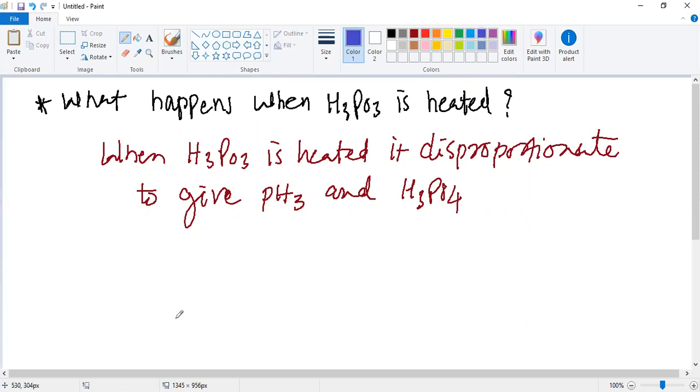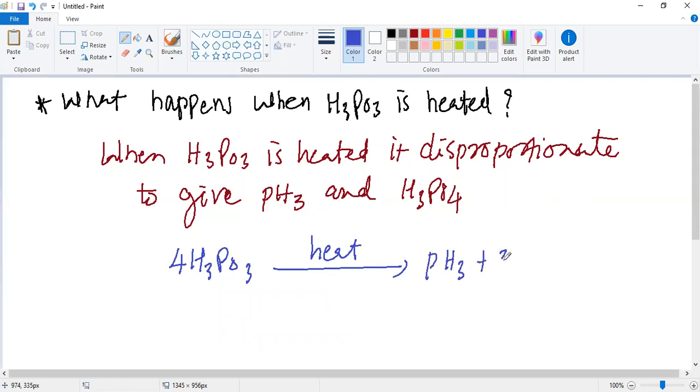So let us write the chemical reaction for this. 4H3PO3 on heating gives PH3 plus 3H3PO4.